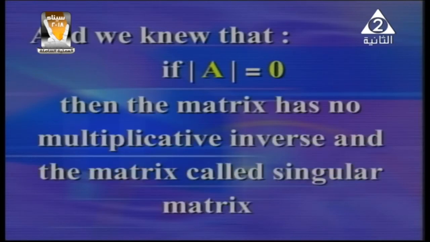We know that if the determinant equals 0, then the matrix has no multiplicative inverse and is called a singular matrix. What do we mean by a singular matrix? A matrix whose determinant equals 0. Remember this, student: if the determinant of a matrix equals 0, it has no multiplicative inverse and is called a singular matrix.